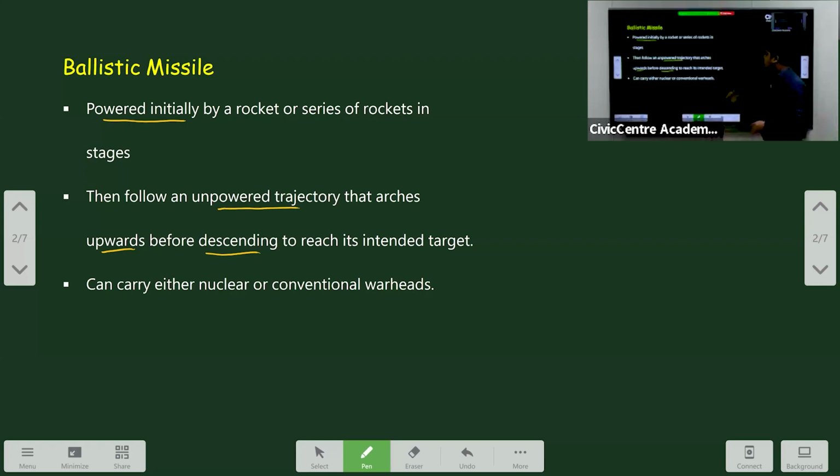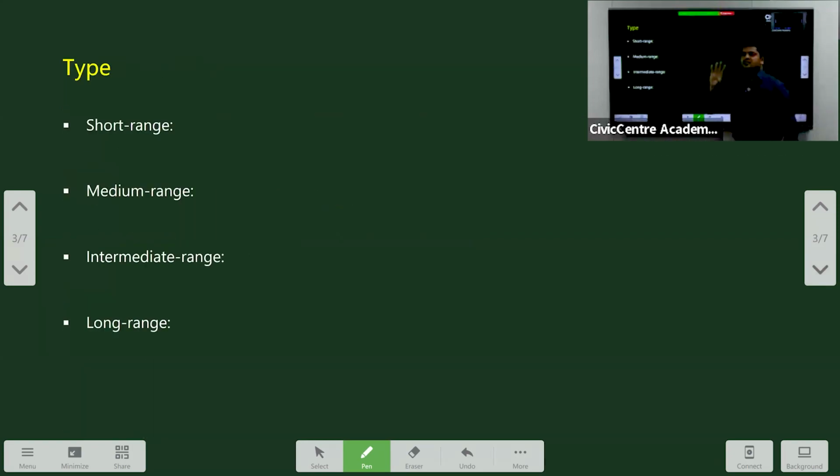Now, if you look at the types of ballistic missiles, there are basically four types. This is based on the range they are going to cover. The first type are the short-range ballistic missiles, where the range of the missiles is less than 1,000 kilometers, and they are also called tactical ballistic missiles.